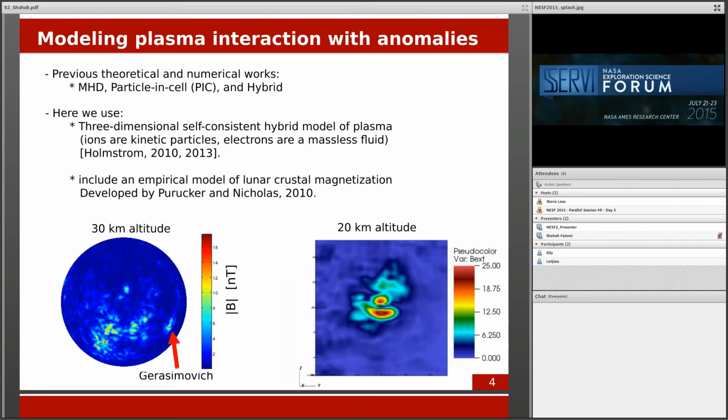On the left, you can see the results of the empirical model showing the lunar crustal magnetic fields on the far side at 30-kilometer altitude. And on the right, you can see the magnetic strength at 20 kilometers projected into a plane. And this is what we apply into our model.